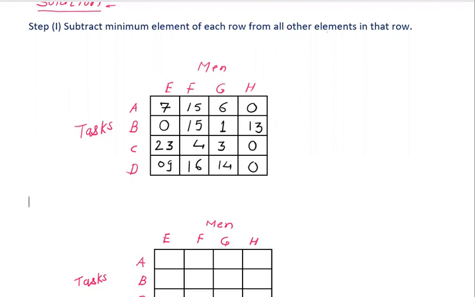There are 4 columns: first column, second column, third column, fourth column. Starting from the first column, select the smallest element and subtract it from all the elements in that column. So let us perform this second step.